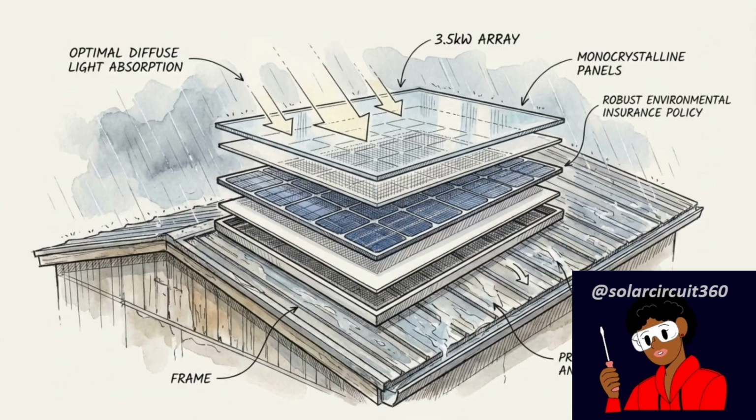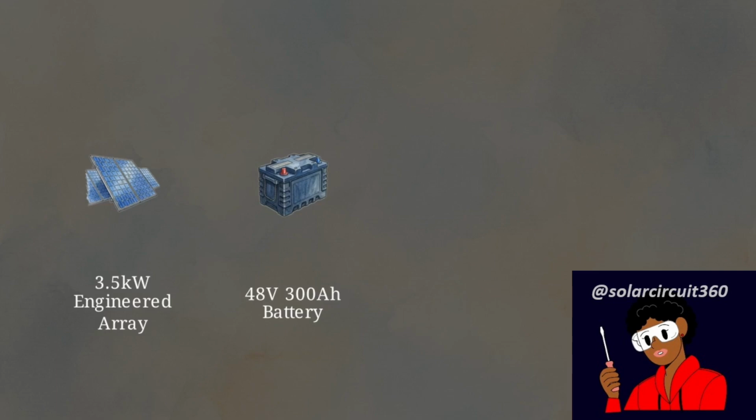This excess solar capacity serves as an insurance policy, providing the raw energy necessary for the system to survive variable environmental conditions. The completed architecture provides a full view of the energy path: a 3.5 kilowatt array, a 48-volt 300 amp-hour battery bank, and a 5 kilowatt inverter.